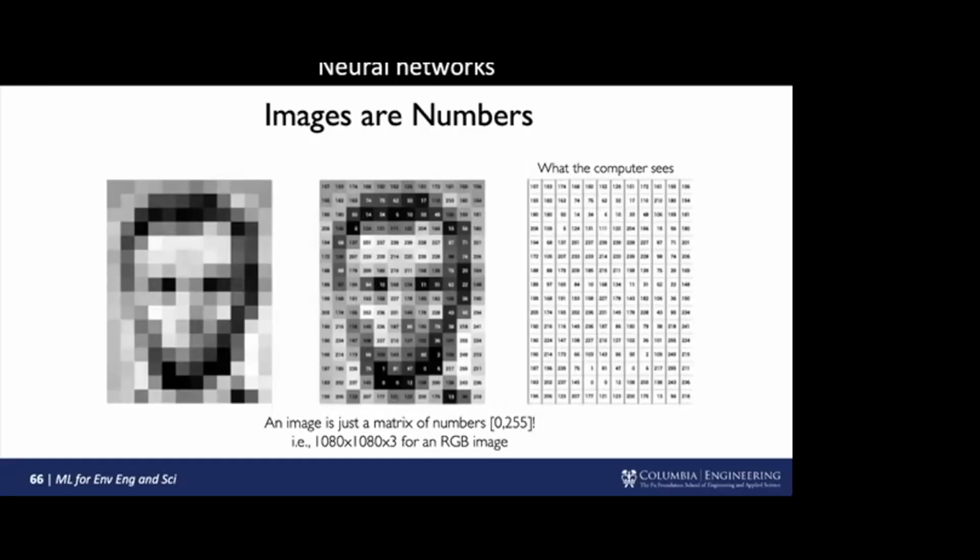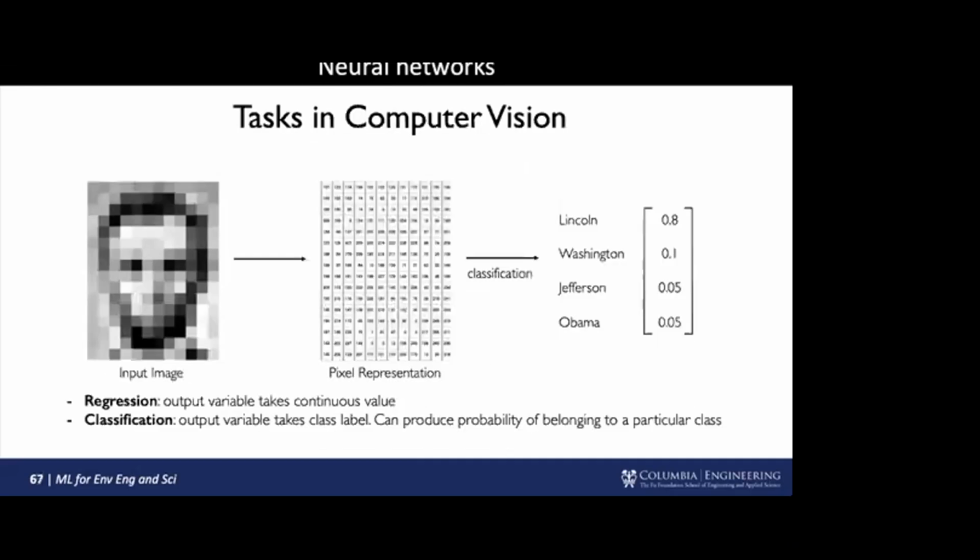Neural networks don't see faces, clouds, or oceans. They only see numbers arranged in space. So in computer vision, we map an input image to some kind of output. First, the image is represented as a grid of pixel values. That's what the network actually works with. There are 2 common types of tasks.